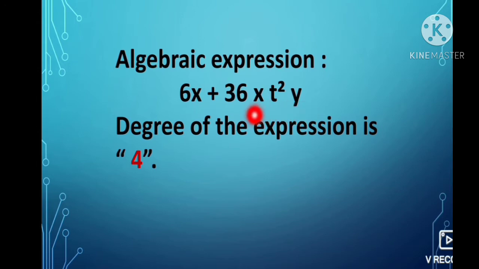So, here we have to take the sum. Yes, the sum of these powers will be 1 plus 2 plus 1. That is 4. Now, we get the power of the first term is 1 and the degree of the second term is 4. Thus, the degree of the expression will be the highest power, that is 4.